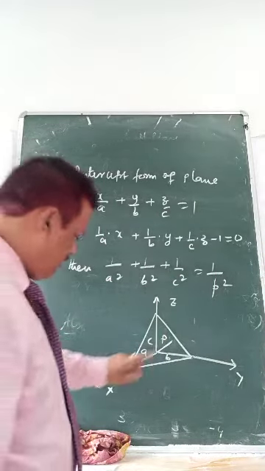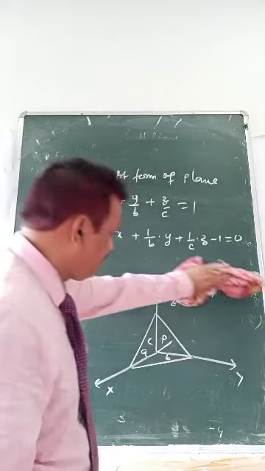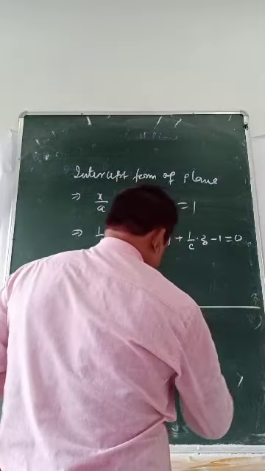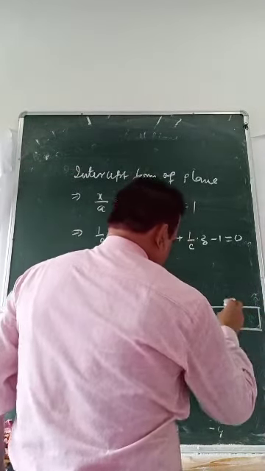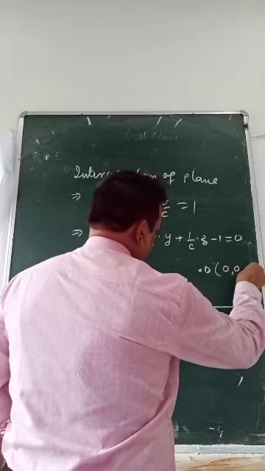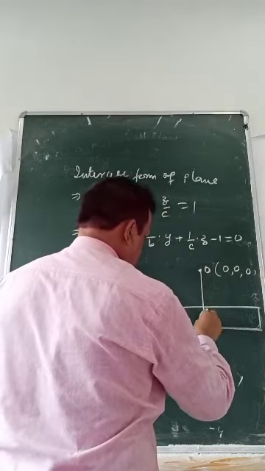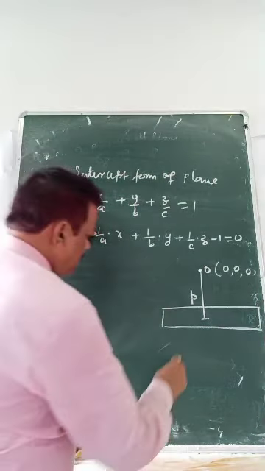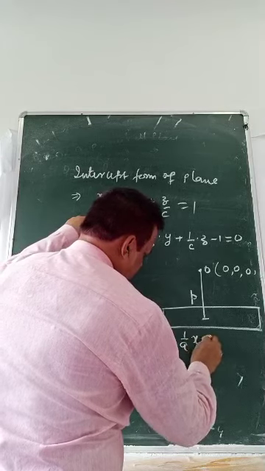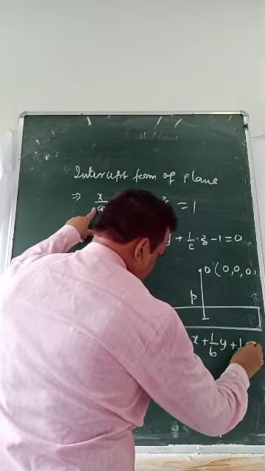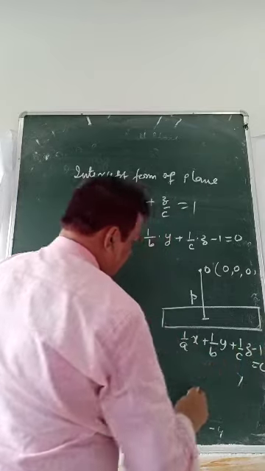Let me draw this plane in this way. This is the origin, and this is the distance, that is p. What is this plane? (1/a)x + (1/b)y + (1/c)z - 1 = 0.